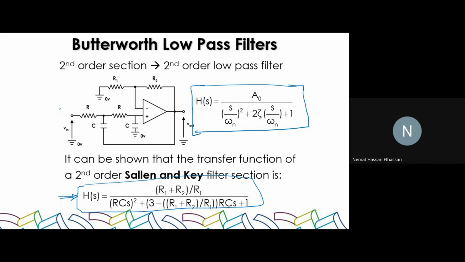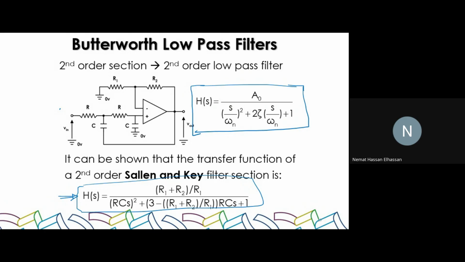What does that mean when I say the standard transfer function? It means any second order circuit has a transfer function that is in this general form. Usually we take this form to compare with the transfer function of a circuit so that we can find the value of A, the value of zeta, the natural frequency, and so on. Clear?